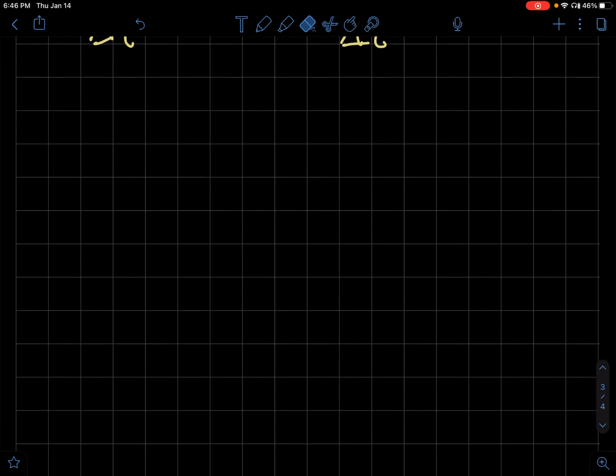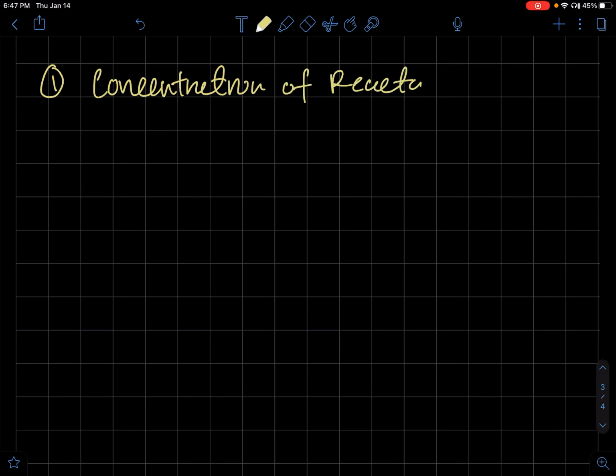Today I wanted to go over some other stuff. But first I wanted to discuss those factors that we talked about earlier, the factors that affect reaction rates. So the first one was concentration of reactants. So what does that mean? Atoms and molecules must collide in order for a reaction to occur. So as the number of atoms or molecules increases, the frequency of those collisions also increases, therefore leading to a higher reaction rate.